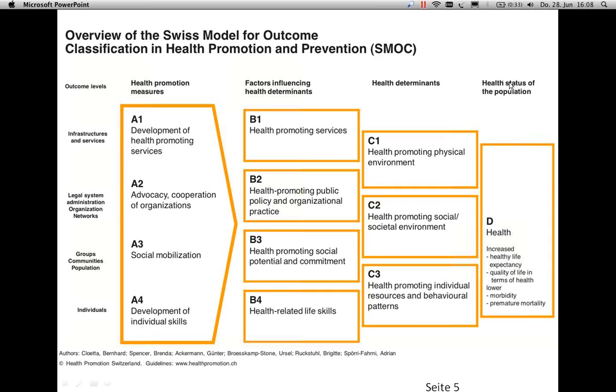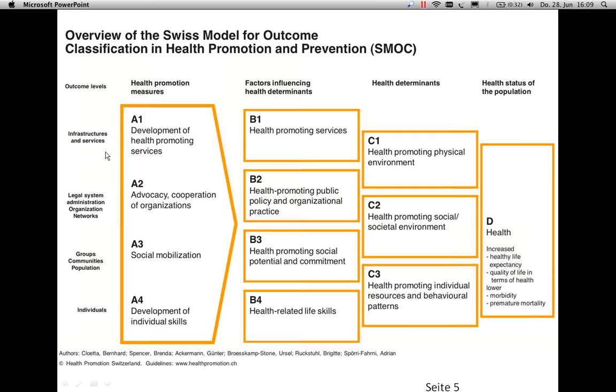Health status of the population: here you see the indicators, like healthy life expectancy and quality of life in terms of health. For most health promotion but also prevention interventions, it's not easy to measure this, and it's not easy to establish a causal chain between these outcomes and the intervention itself. Therefore, there is the Swiss model for outcome classification in health promotion and prevention, where at the left side you have the kind of intervention.